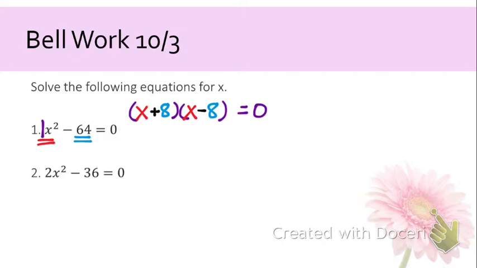So now that it is factored, you can set each factor equal to 0 and solve them both for x.